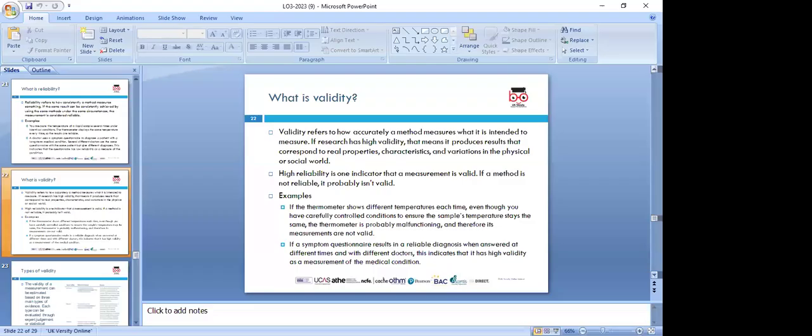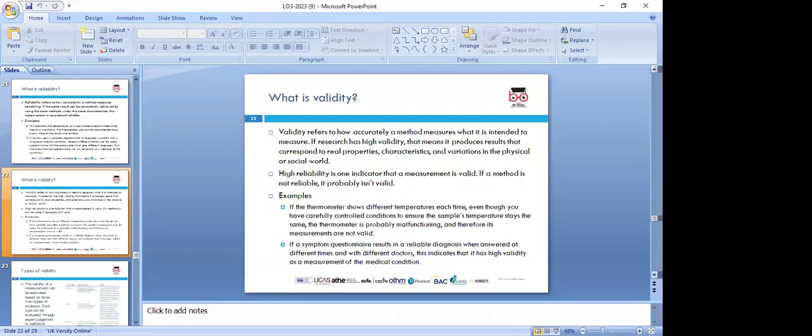If the thermometer shows different temperatures each time, even though you have carefully controlled conditions and ensured the sample's temperature stays the same, it is not valid. But if the symptom questionnaire results in a reliable diagnosis when answered at different times with different doctors, it indicates that it has high validity as a measurement of the medical condition.